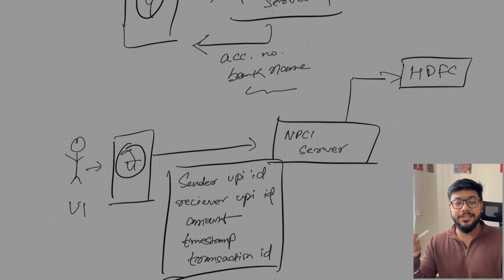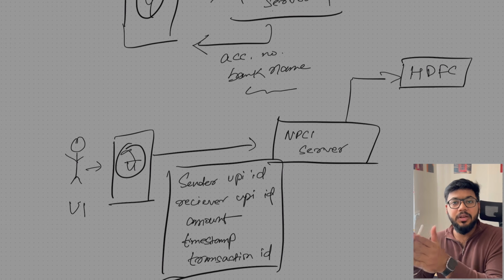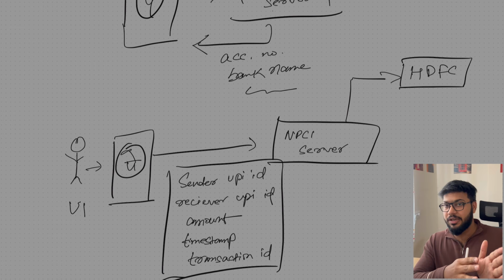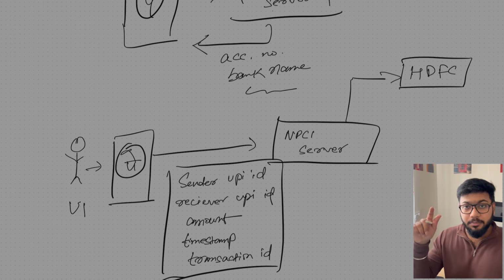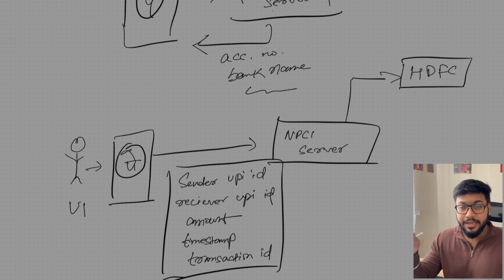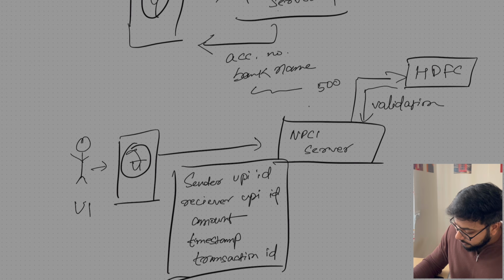And for this validation, we use the UPI PIN. For security purposes, this PIN is stored at the bank level, not at the NPCI level, not at the PSP application level. So when we provide the UPI PIN, the bank validates that the request is correct, and based on that, it allows the amount to be deducted. After validation, 500 rupees is, let's say, debited.